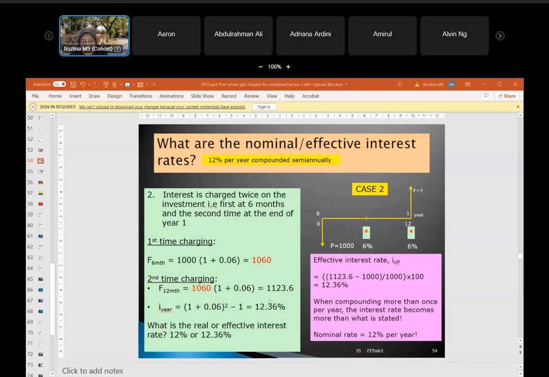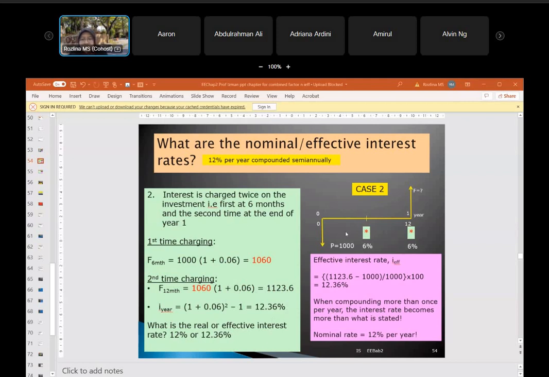So actually you have been charged 12.36%. Otherwise it is 12%, but semi-annually it is 12.36%. We see there is quite a difference between 12% and 12.36%. So that is how they calculate the compounding. Compounded every half year means charged the percentage each time.